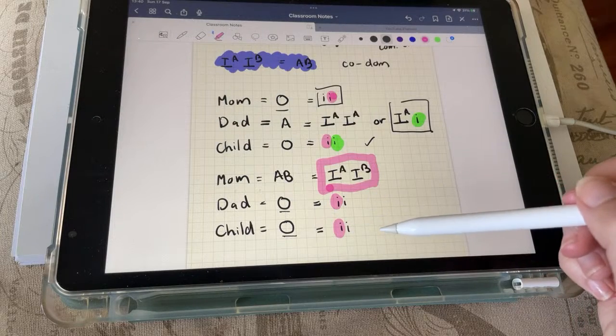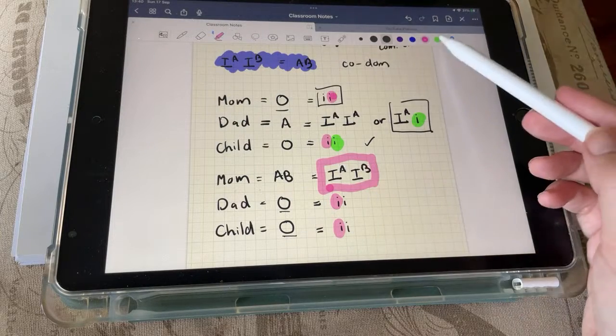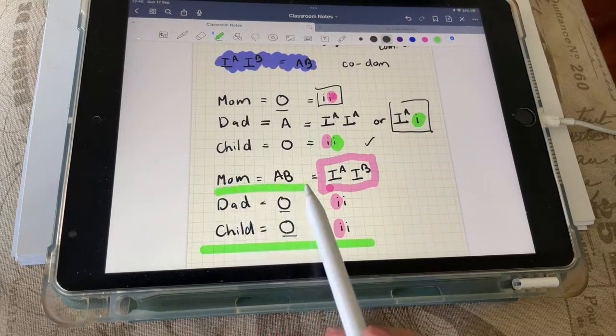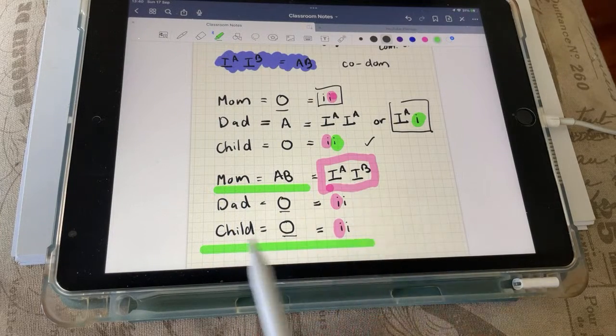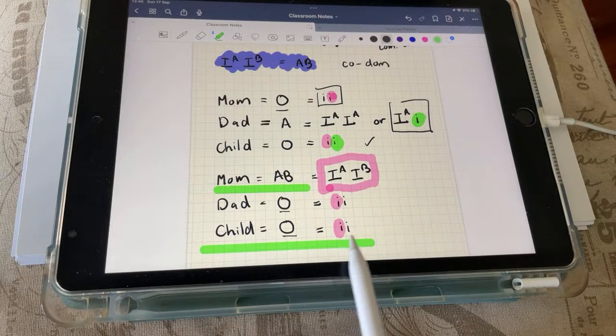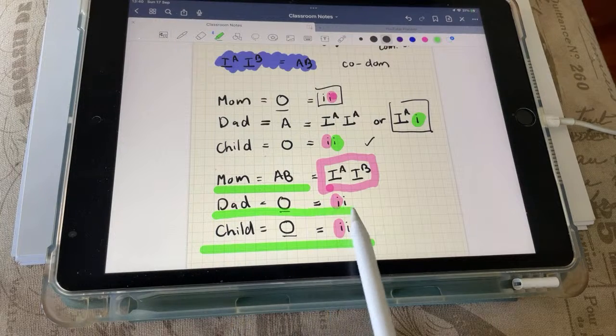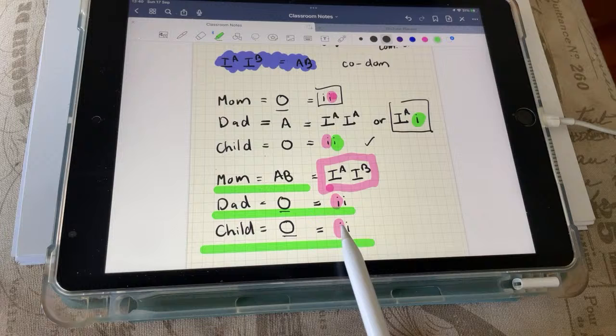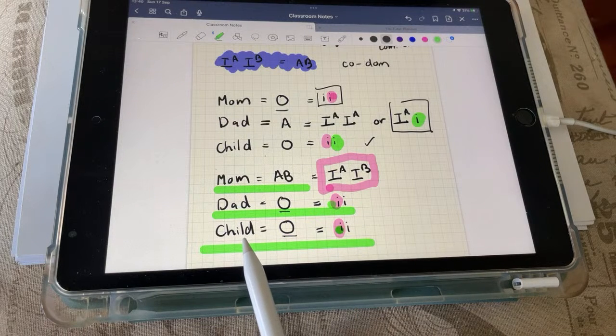So now what's interesting here is this child cannot be from this mom, because this is what she has to offer, and this child is carrying neither of those alleles. And this is potentially the dad, but not necessarily the dad, even though they have the same alleles here. That's not a confirmation of paternity.